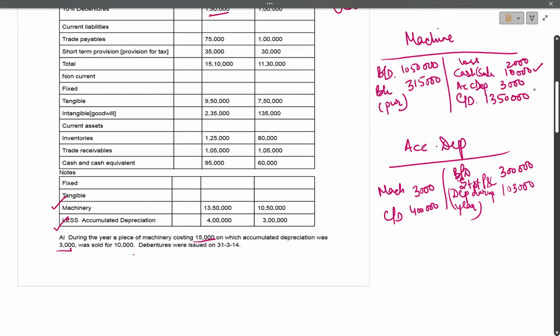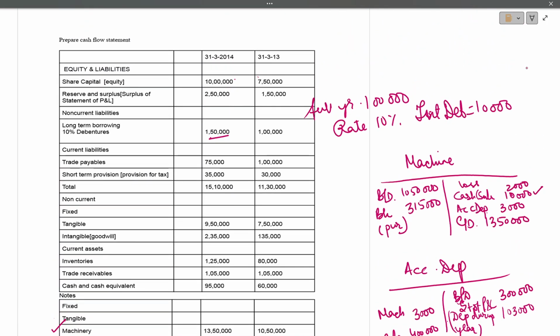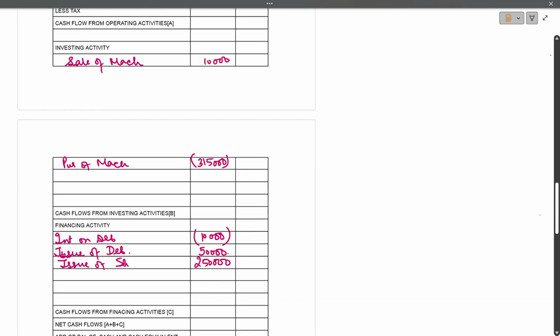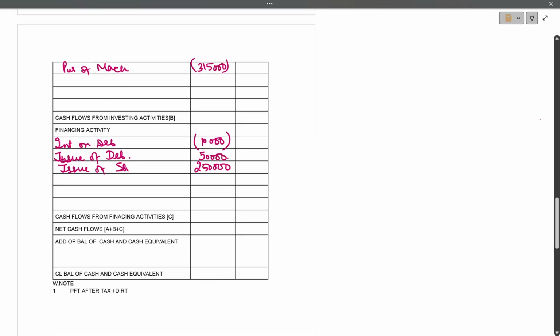Next thing which we have in the question is, we have treated this. Next thing we have reserves and surplus 150 to 250. Surplus statement of P&L. Current year minus previous year is our profit, which will be added in the working note. So I come to working note.